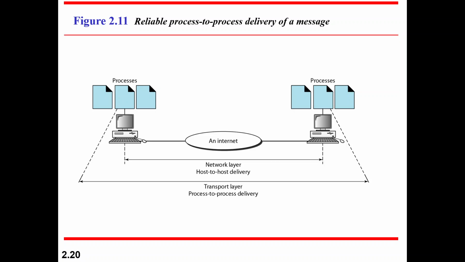Error correction is usually achieved through the retransmission of data packets. So as you all can see on the screen, there is a reliable process to process delivery of a message.